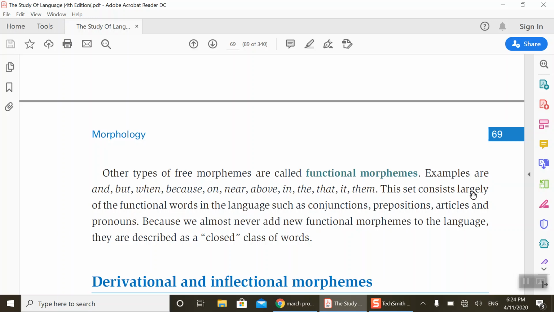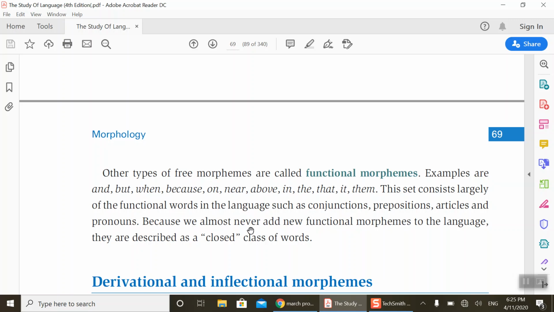They are and, but, when, because, on, near, above, in, that, there, it, them, etc. This set consists largely of the functional words in the language, such as conjunctions, حرف الجر أو حرف الربط, prepositions: in, at, on; articles a and the; and pronouns he, she, they.